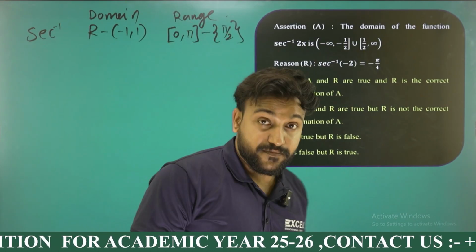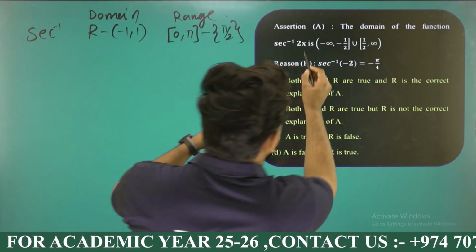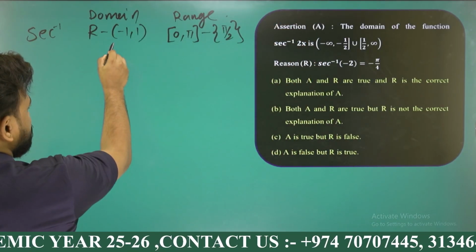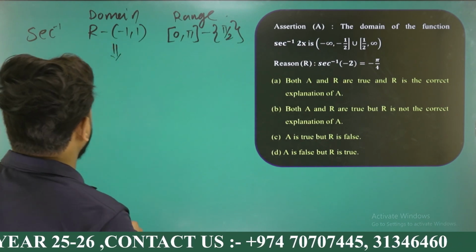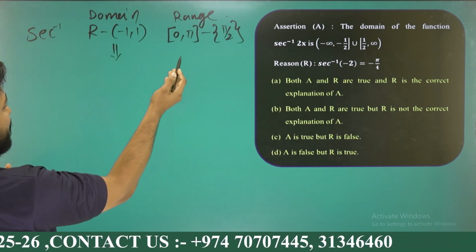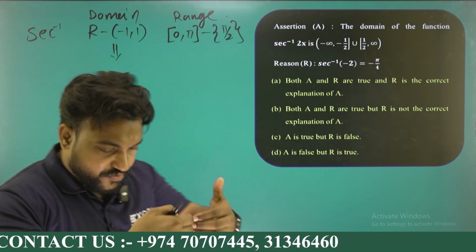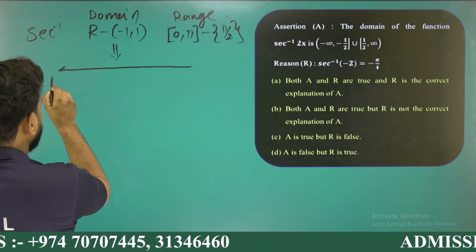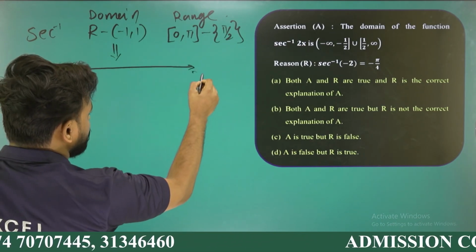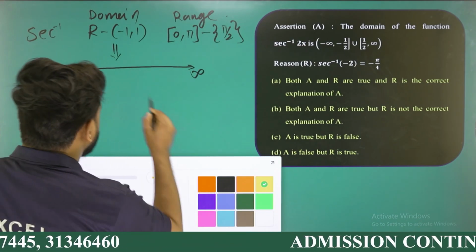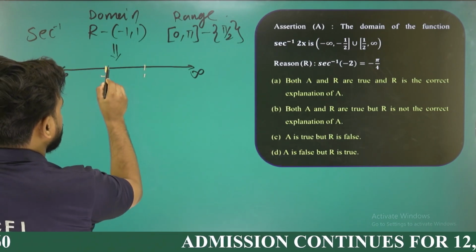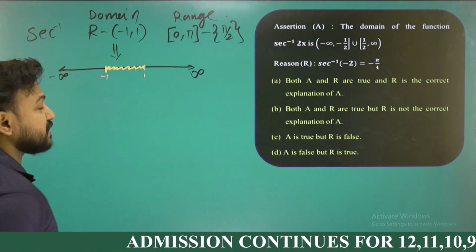We are subtracting pi by 2 from it. And the thing inside it, the 2x, should be between what? So I'm just writing this in a different way. What is it? Real numbers minus 1 to 1. That means for all the real numbers from minus infinity to infinity, a small part between minus 1 to 1 is not considered.